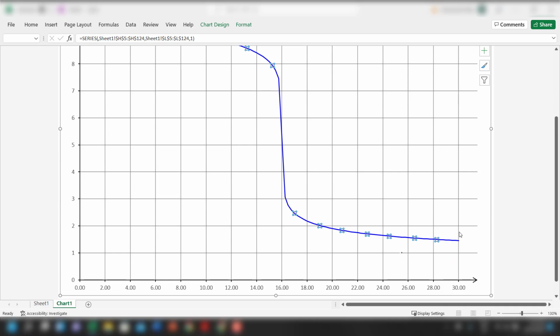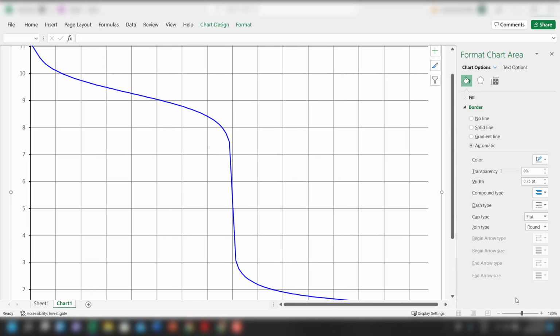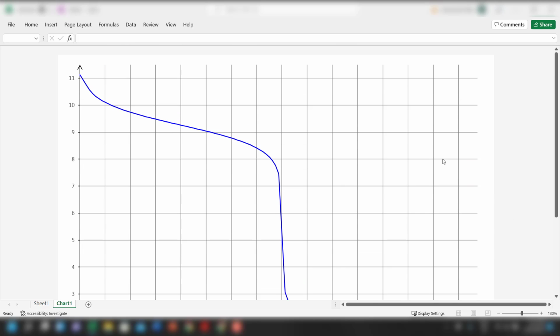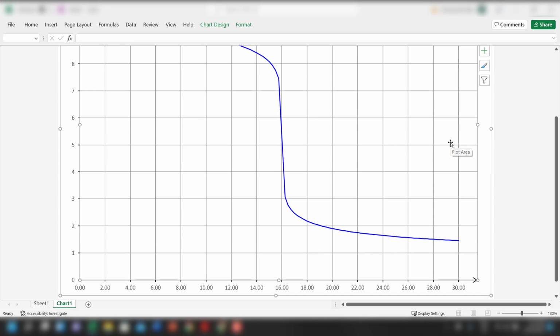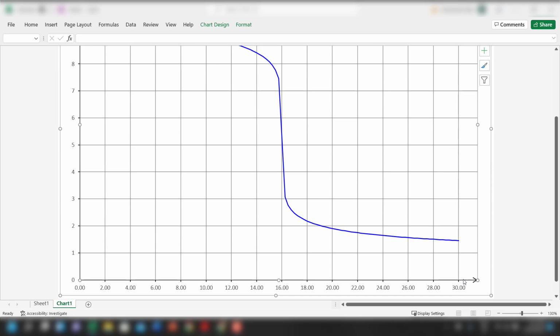Okay, something like this. Then some of you will remember that when we format the chart area, the border will have no lines, so that when we paste this whole thing over to Microsoft Word, it will look nice. So just remember some of the tips. If you want to see the arrow head without the numbering, then you have to do a little bit of adjustment.